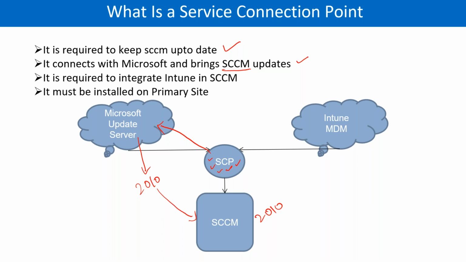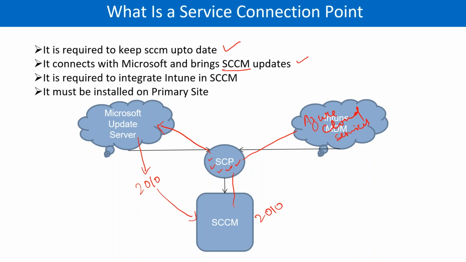Plus there is another role. The other functionality of Service Connection Point is to connect the cloud services. So we have Azure cloud services. Okay, there are many Azure cloud services like Cloud Management Gateway, Azure Active Directory.